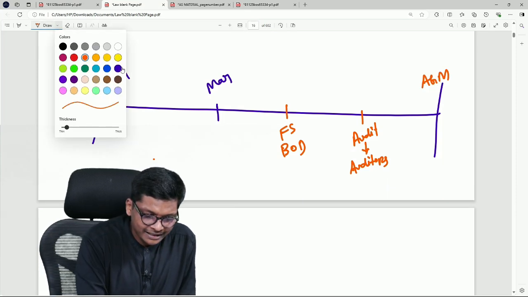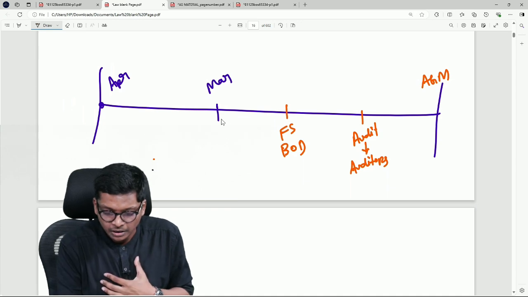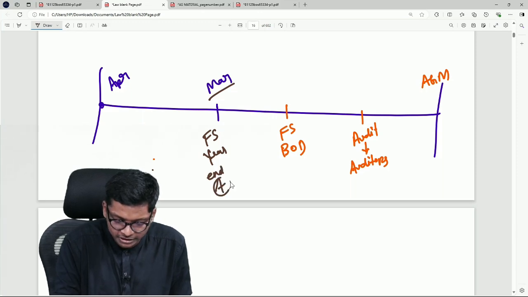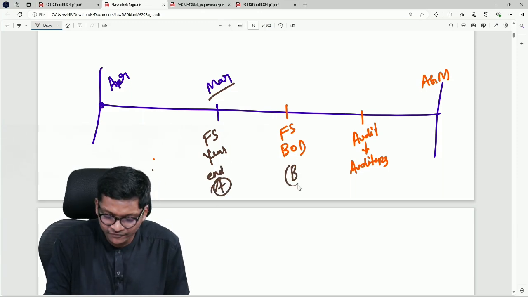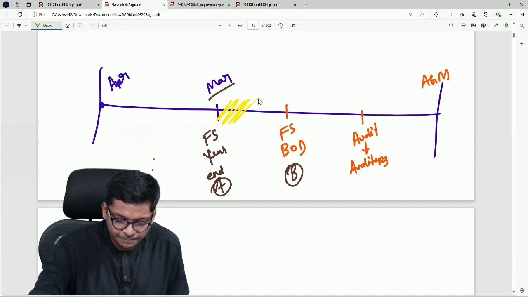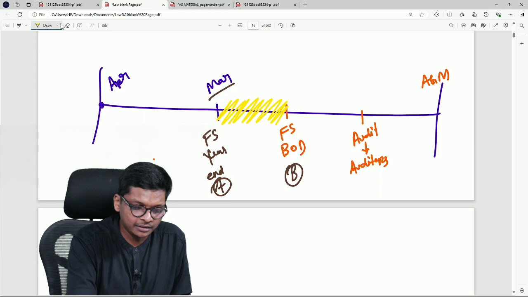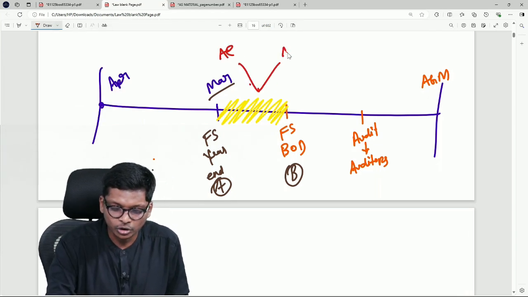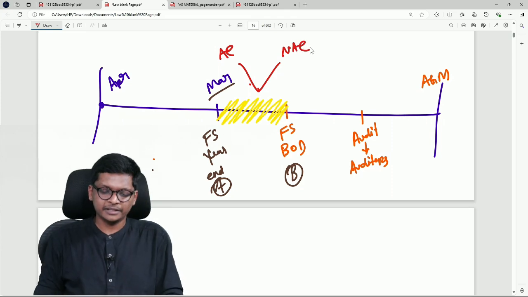We all know in AS4 the scope is from the time when the financial year ends, let me call this point A, till the time financial statements are approved by the board of directors. Only this period, we will categorize as adjusting event or non-adjusting event.